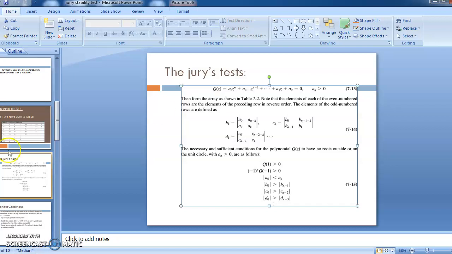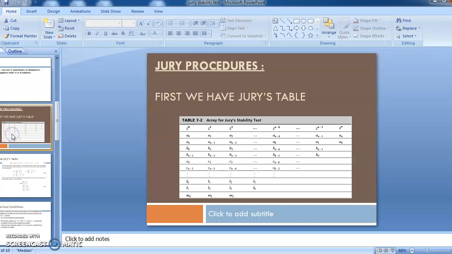This is the characteristic equation which may be given to you in any numerical, and from this characteristic equation you will have to make the Jury table. This is the Jury table. If you see, in the first row all the powers of z are written, z0, z1, z2, and so on, right?